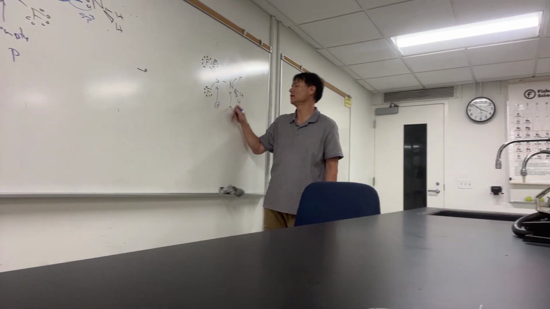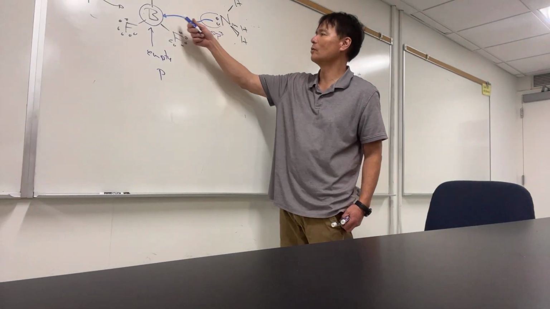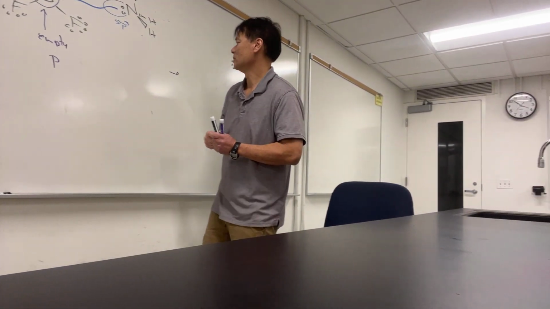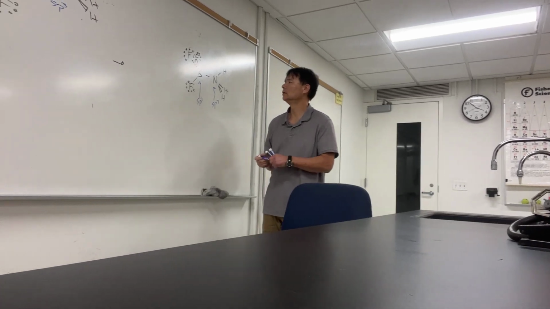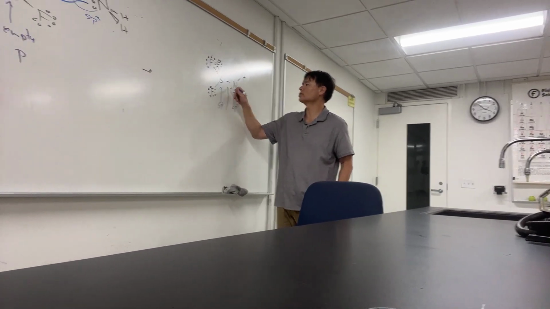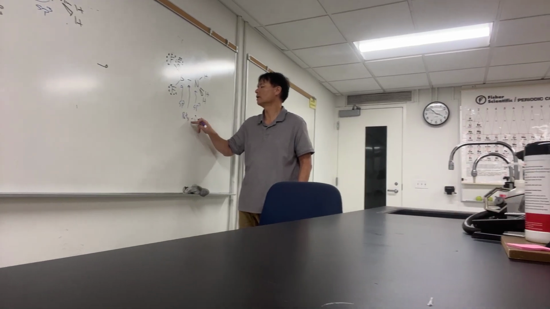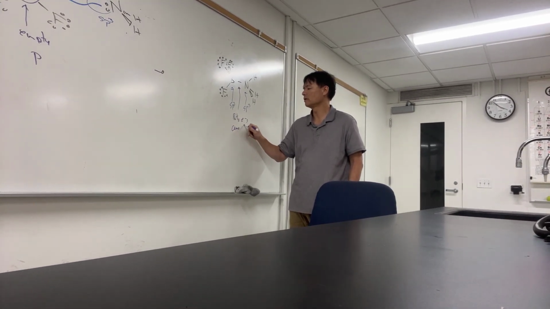This will be sp3. Now, the interesting thing is both electrons for this bond came from nitrogen. And so both bonding electrons came from nitrogen.